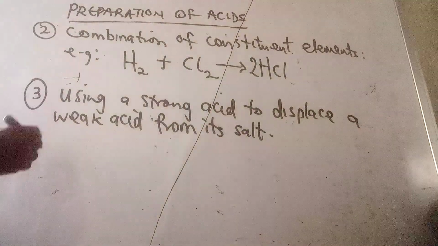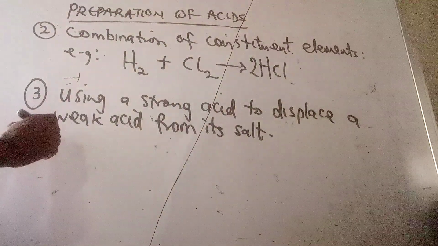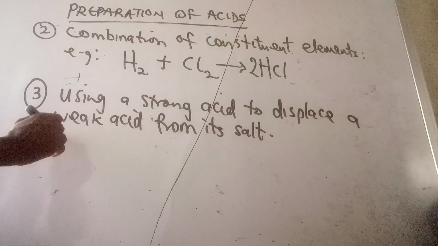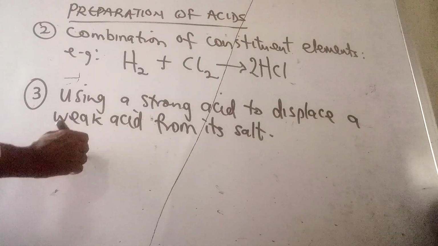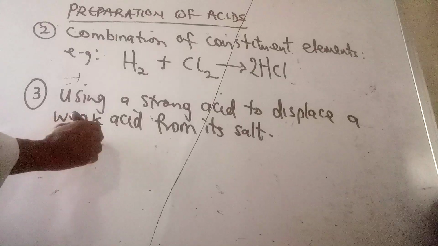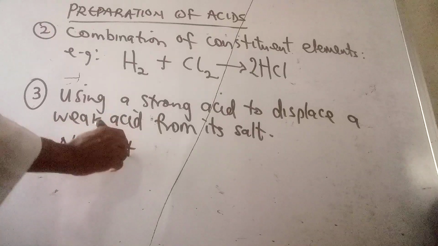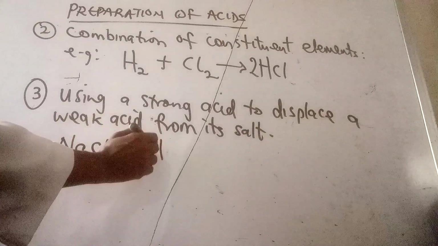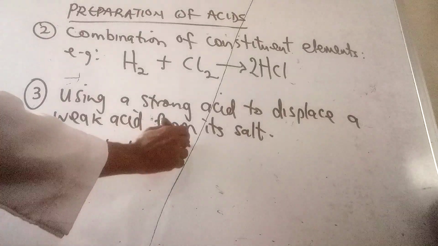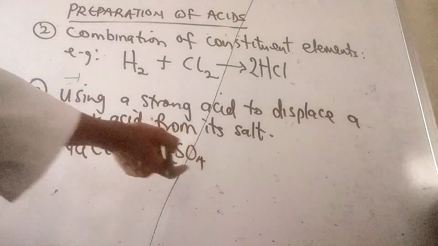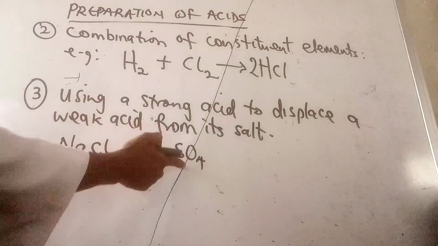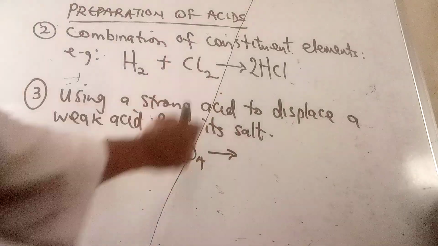For example, if I take sodium chloride to react with H2SO4, that's tetraoxosulfate 6 acid. This acid is one of the strong acids.